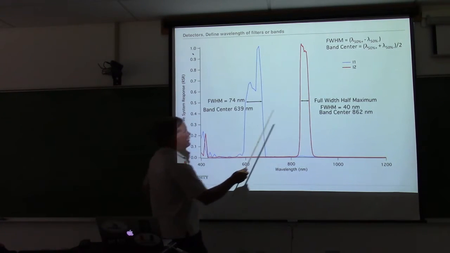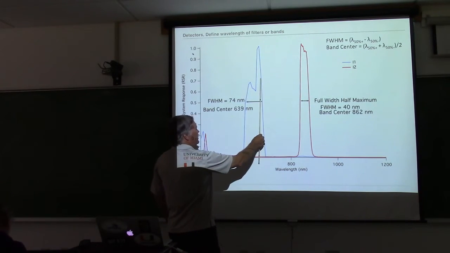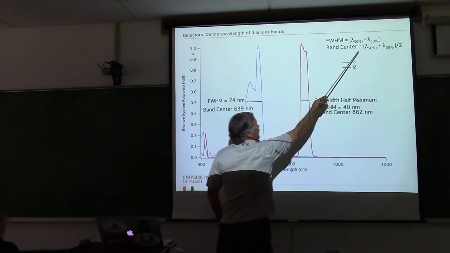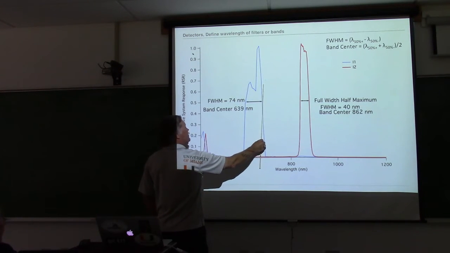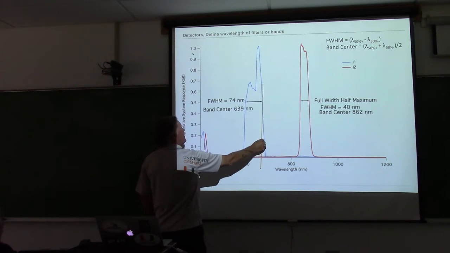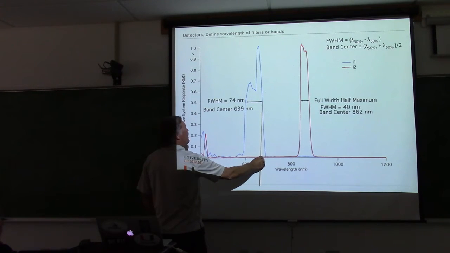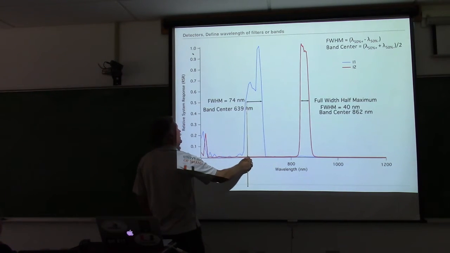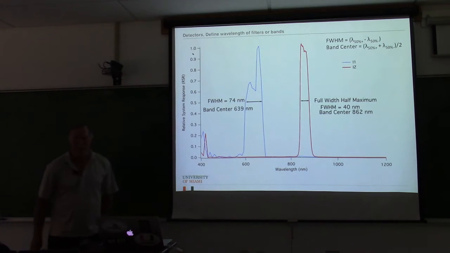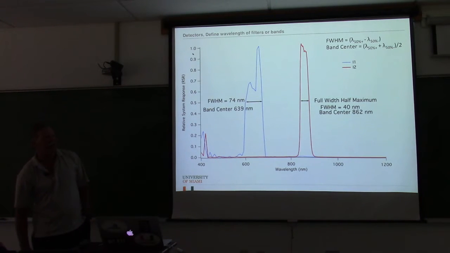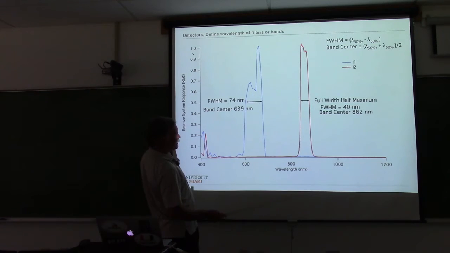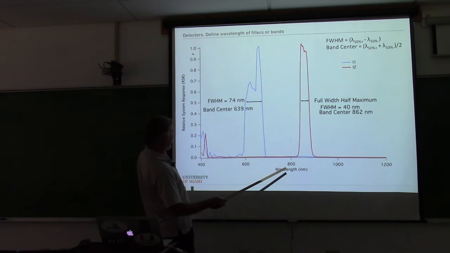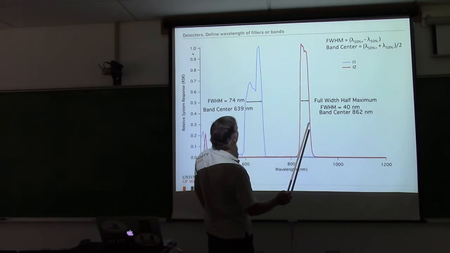So we define the filter by the band center, which is basically halfway between the larger half maximum and the smaller half maximum wavelength. That's how you define the filter center, not by picking the peak. And here are a couple of somewhat typical filters. I'm trying to remember where I got these from.